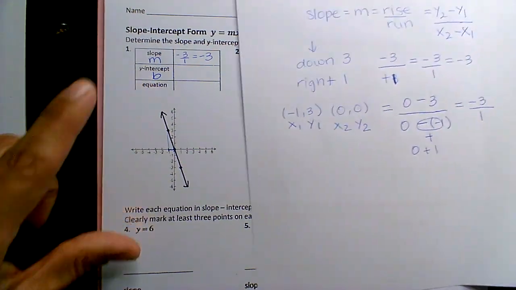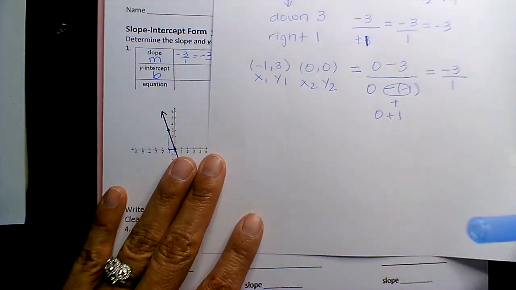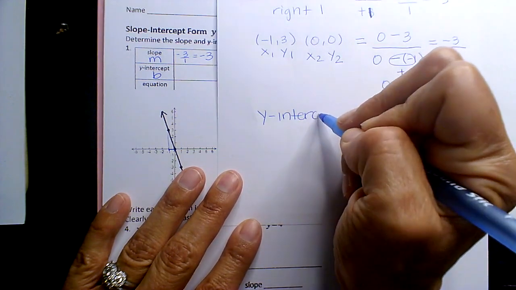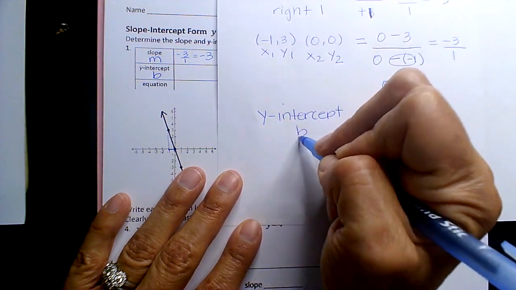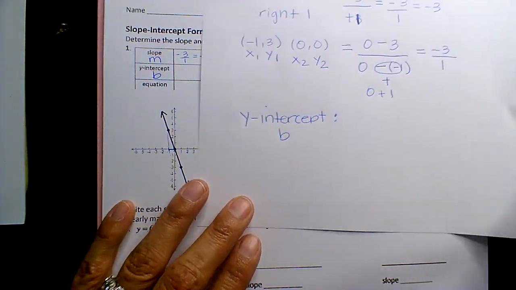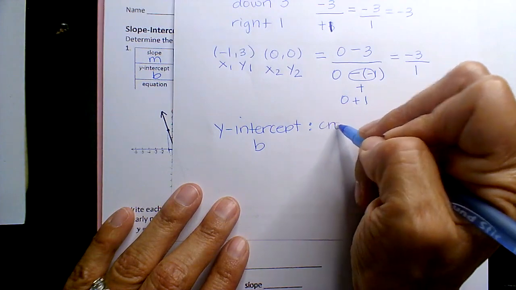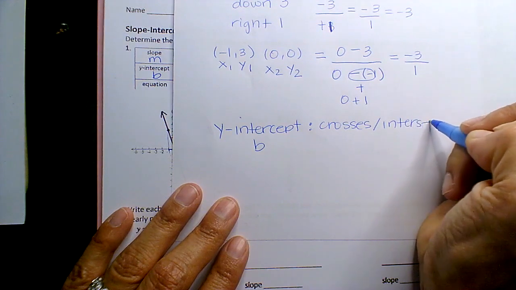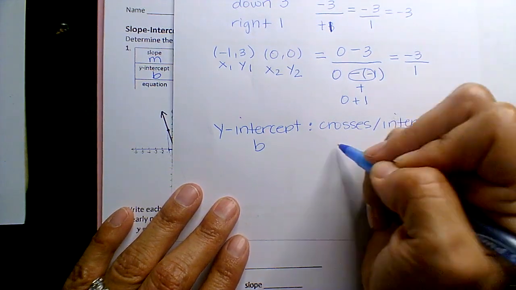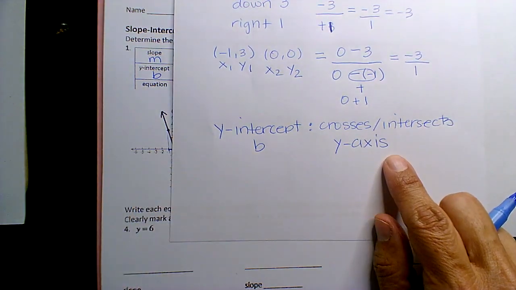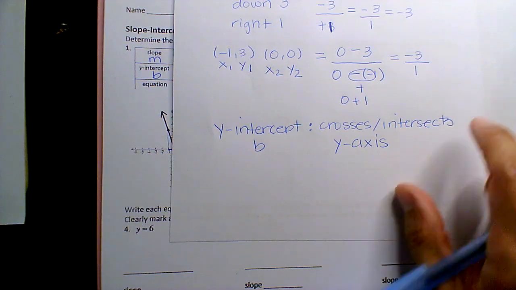So your y-intercept is where the line crosses or intersects the y-axis, right?